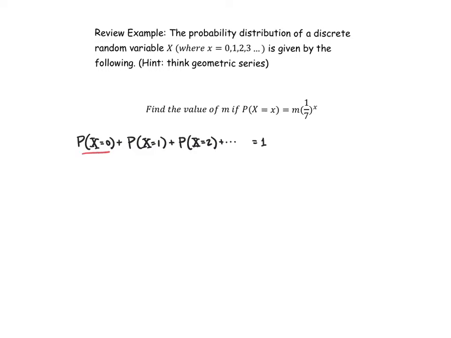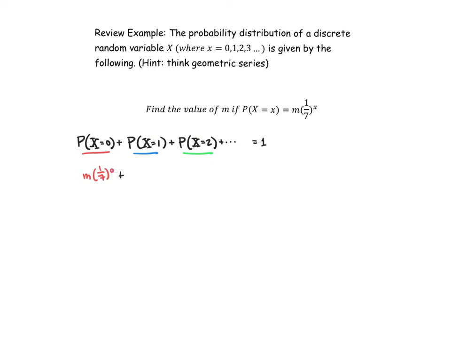Well, let's take the context of this problem and let's build each of the first 3 probabilities and see if we can come up with some kind of pattern. Okay, so based on this discrete random variable's probability distribution function, we can say that the probability that x equals 0 would be m times 1/7 to the x power, which is 0.